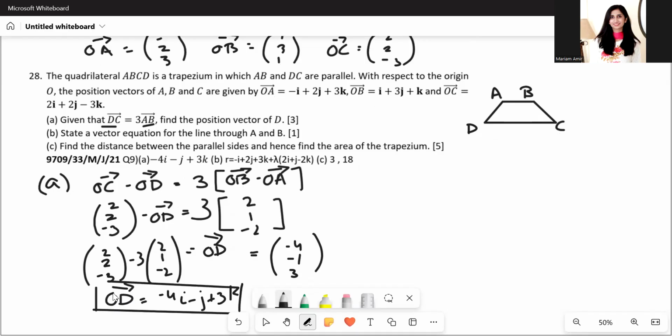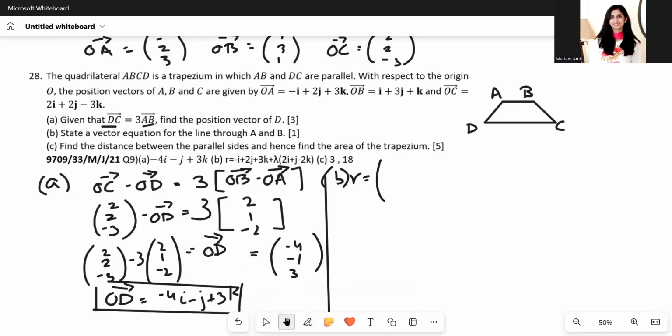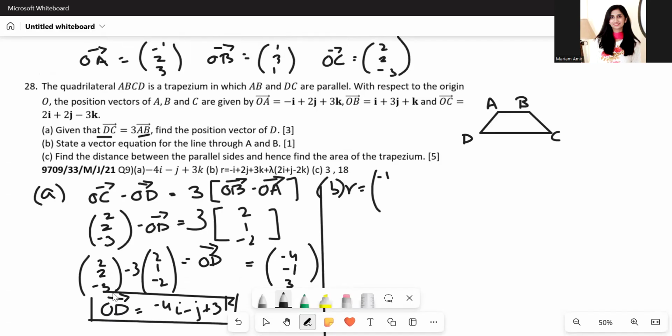Part B, state a vector equation for the line AB. It's pretty straightforward. We write r equals, choose either the coordinate of A or coordinate of B. I'm choosing A, which is (-1, 2, 3), plus lambda times the other coordinate, B, minus A. So B minus A is 1 minus minus 1, which is 2.